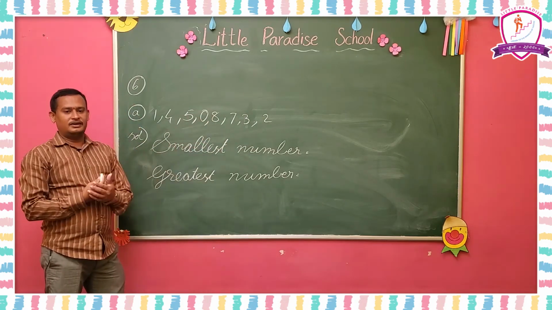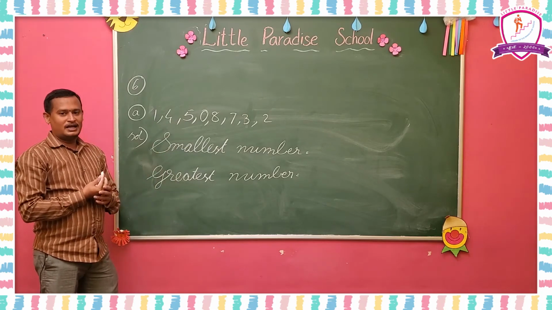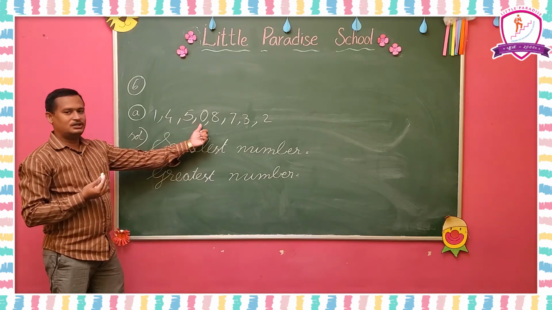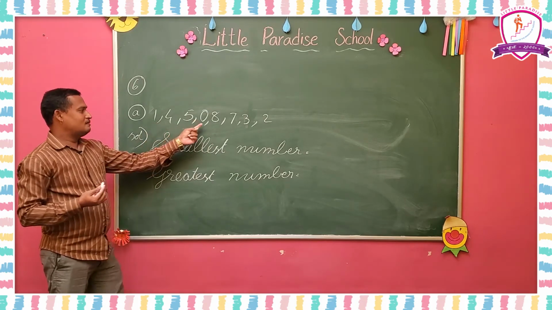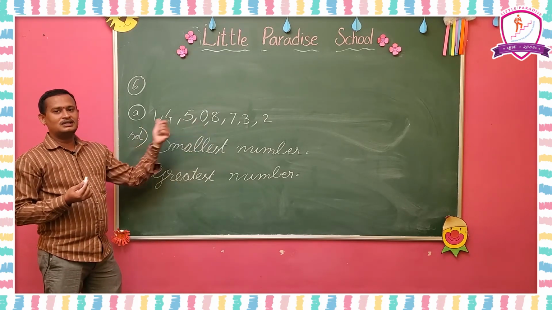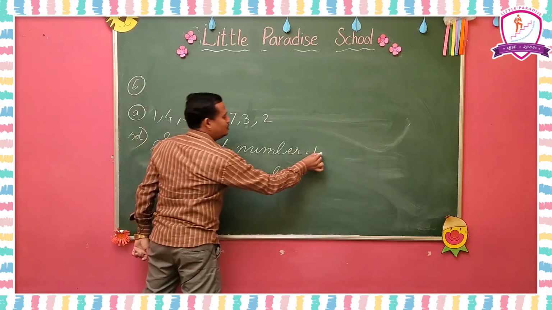These numbers are given. We have to arrange these numbers into ascending order, then we will get the smallest number. Ascending order means we should not put 0 first. So first what we have to write? Except 0, the smallest among the given numbers is 1. So 1 we have to write first, then you have to write 0 immediately.